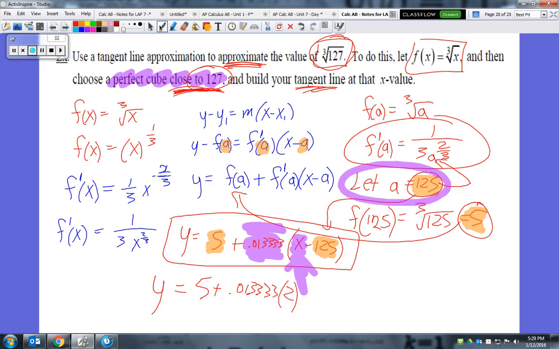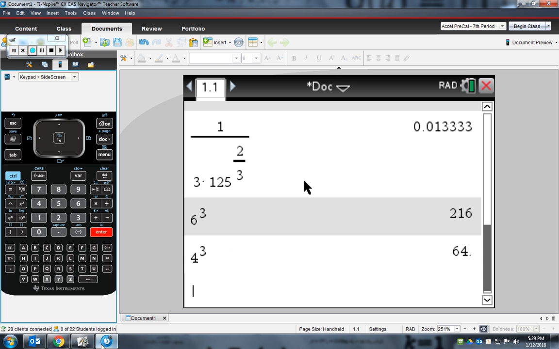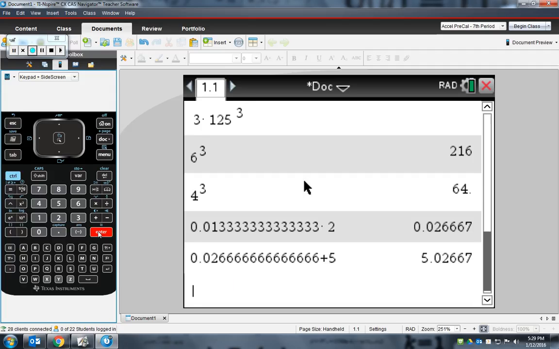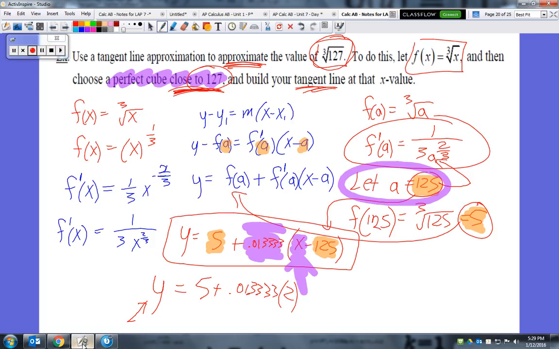This will give me my approximate y value. So let's put that in the calculator. We multiply that answer by 2, and then add 5 to that. So that's 5.027. This is the approximate answer.